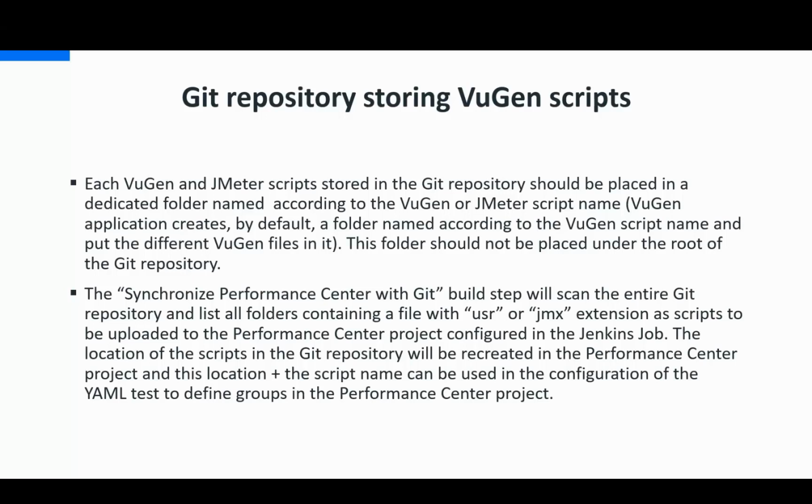This is to avoid any confusion during a later phase, which is the configuration of the YAML test. The folders that will be found as containing a USR file or JMX file will be considered as a script that needs to be uploaded to the Performance Center project. This is the logic.